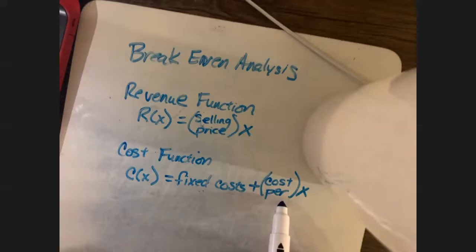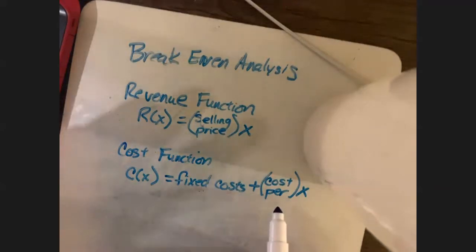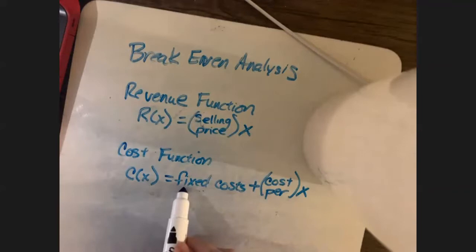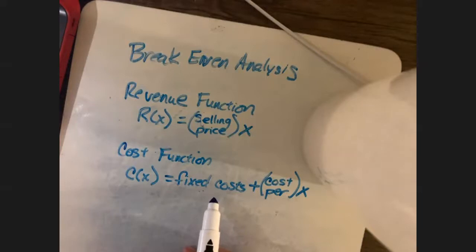So let's talk about if I was making a sweater. I might have something here in my fixed cost where it is the money that I invested in the sewing machines, the money that I put in to pay the electric bill and the rent on my warehouse and all that kind of stuff, that whether I produce one sweater or 100 sweaters, I still have to pay those bills.